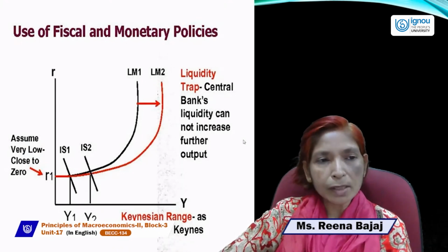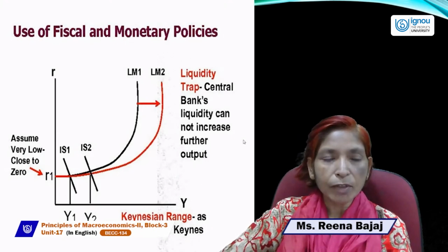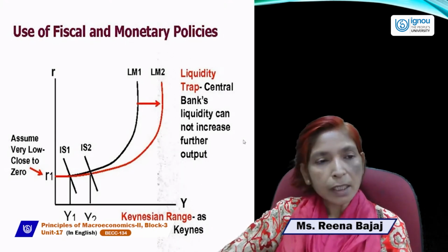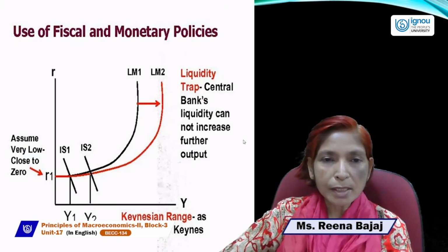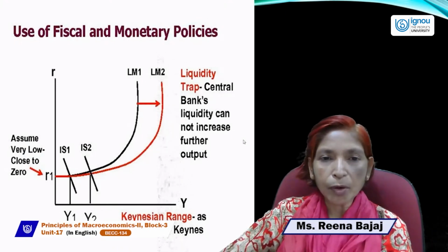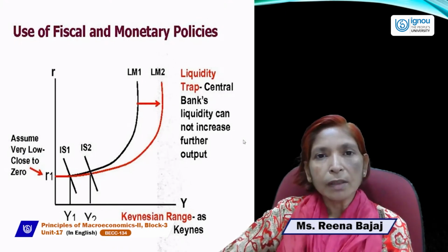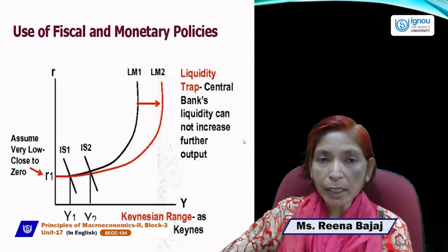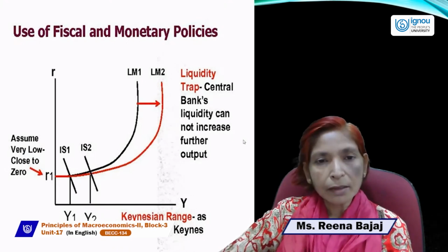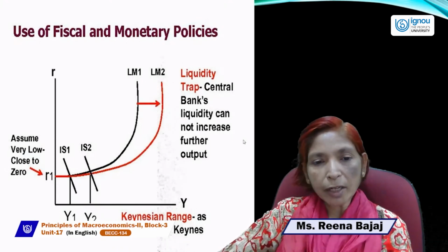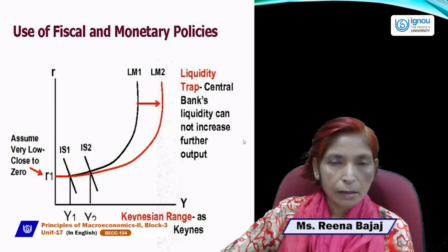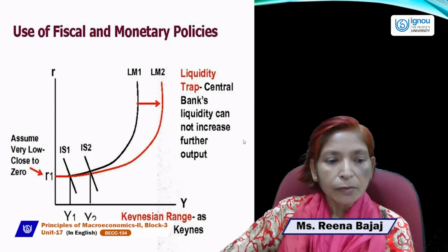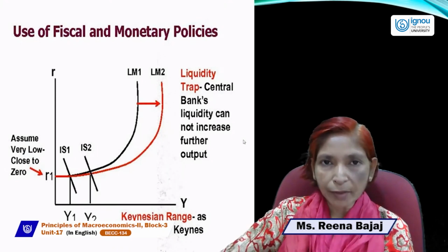All these goals can be achieved with the help of these two policies. So, fiscal and monetary policies both are very important, and we can use them simultaneously or together for the achievement of economic goals. In this diagram, three stages we have taken.